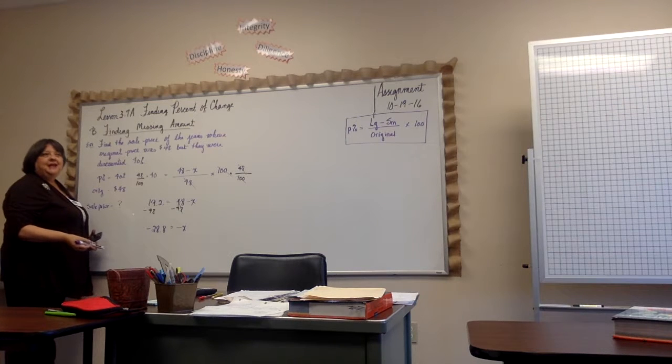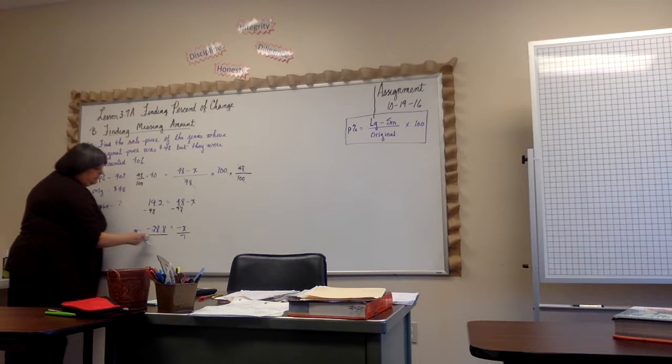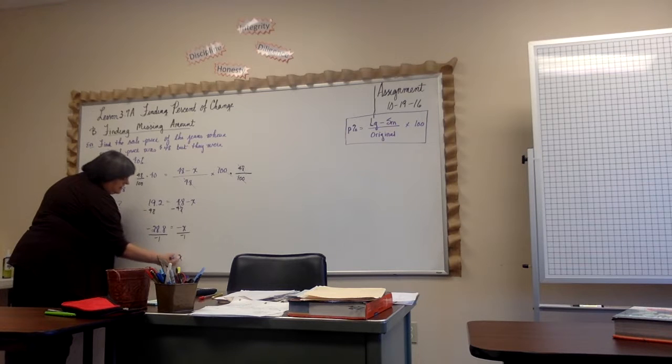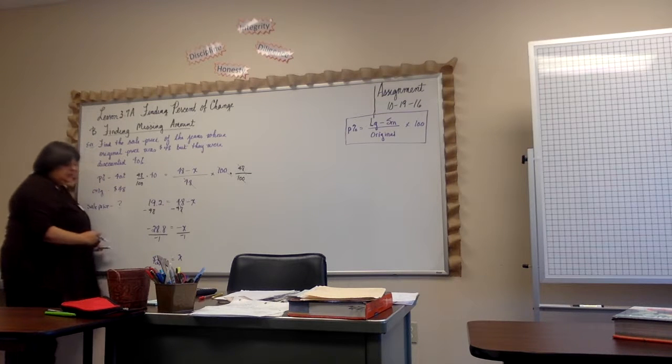But I don't want negative X, I want positive X. So I'll divide by -1 for my last step. And the sale price of those jeans, if they take 40% off, is $28.80. It's a pretty good sale.